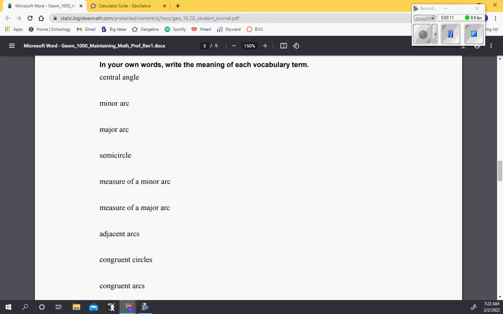For an example of a major arc, we have a central point here, and let's say we have point A, let's say we have point B, then let's say we have point D, way over here.